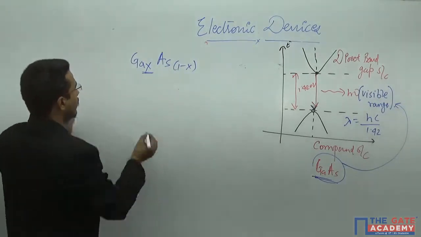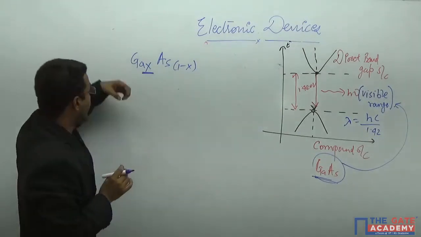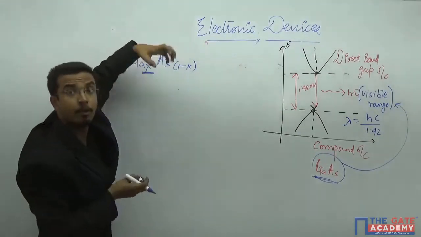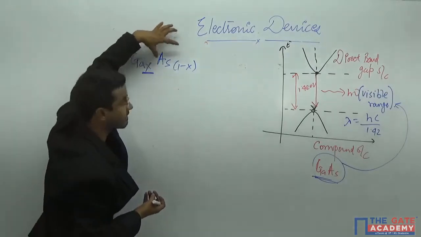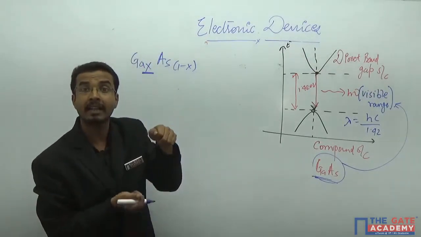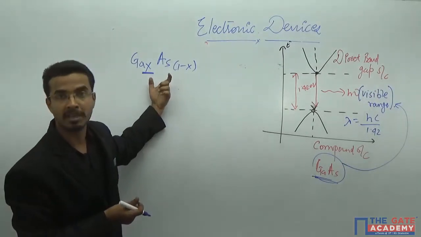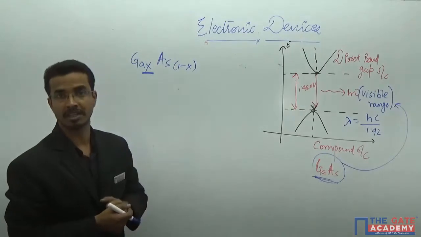Now, if you change the value of this X, the mole fraction of the gallium and arsenide will change. According to that, you can change the band gap of the material. That is the beauty of the compound semiconductors or the direct band gap semiconductors.